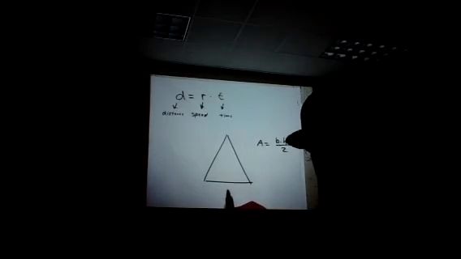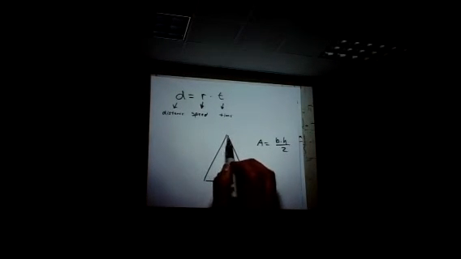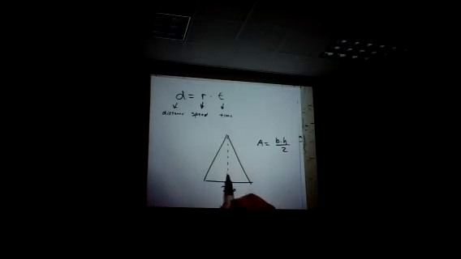Did y'all get the base? What was it? 26. Do you know the height? H. So all they tell me is the base is 26, the height is H. I'm supposed to give some expression for the area of the triangle.